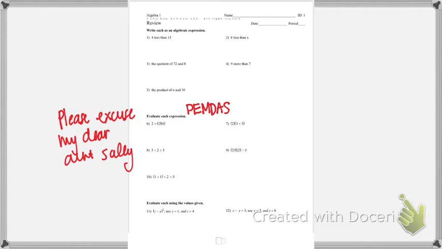So in a case where you have both multiplying and dividing together, or you have adding and subtracting together, remember you work left to right, okay?